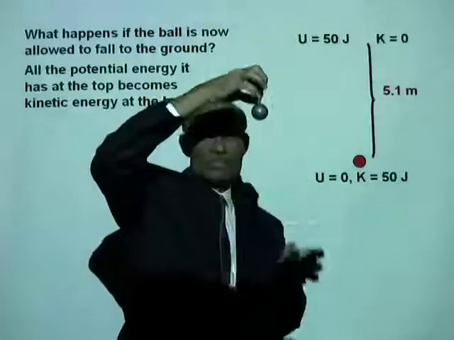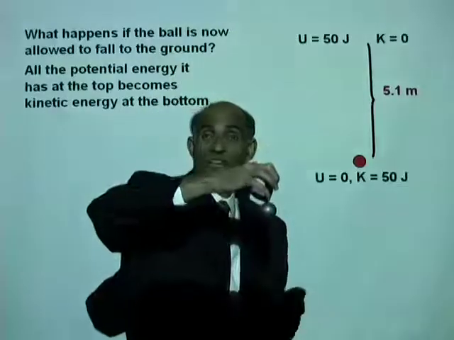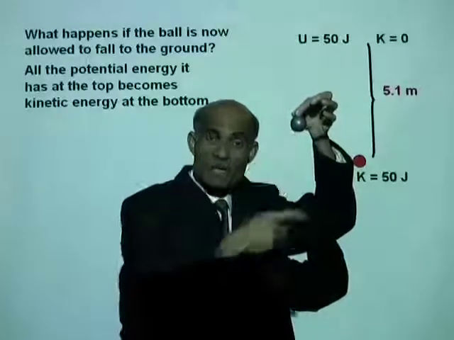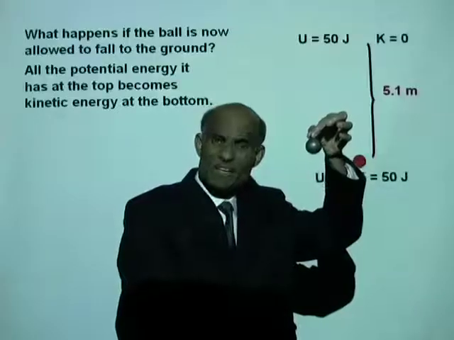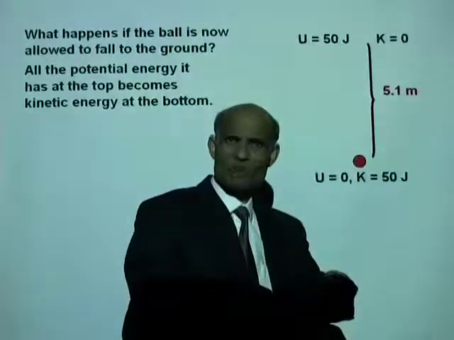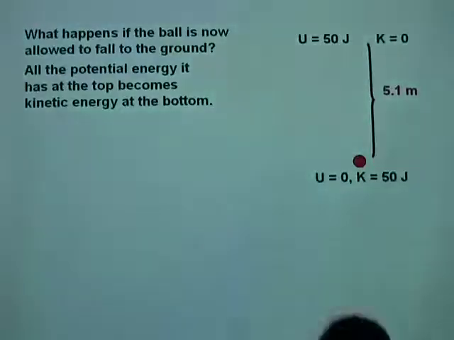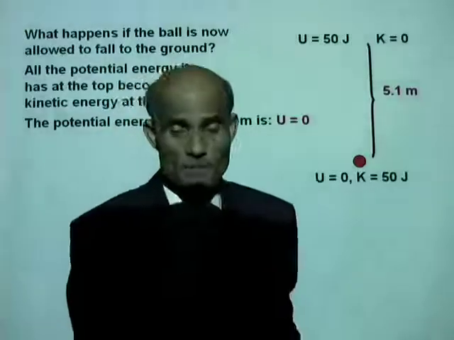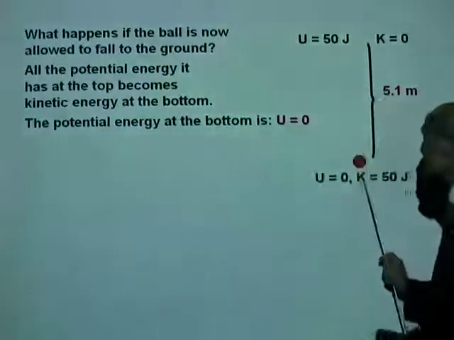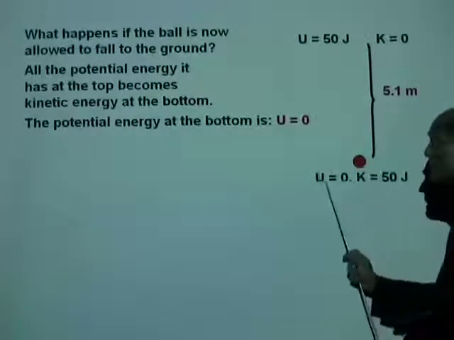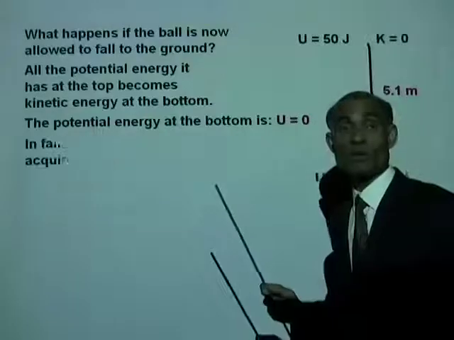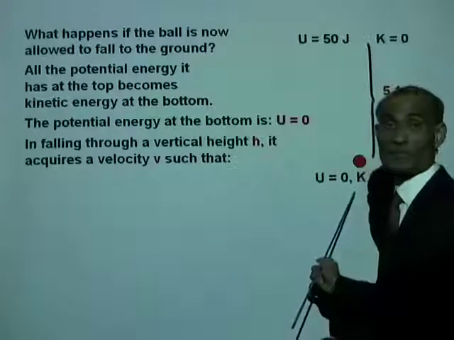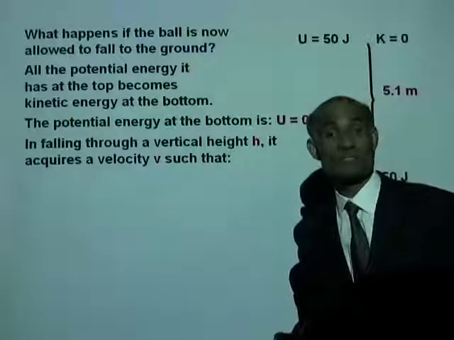The reason why this ball, when I drop on my foot, will do work on my foot, is because all the potential energy it has now here will become kinetic energy just before it hits the ground. Now, that means at the ground, all that energy, its kinetic energy is now 50 joules. Its potential energy on the ground is 0. Therefore, the total energy will be 50 plus 0, that is 50 joules.